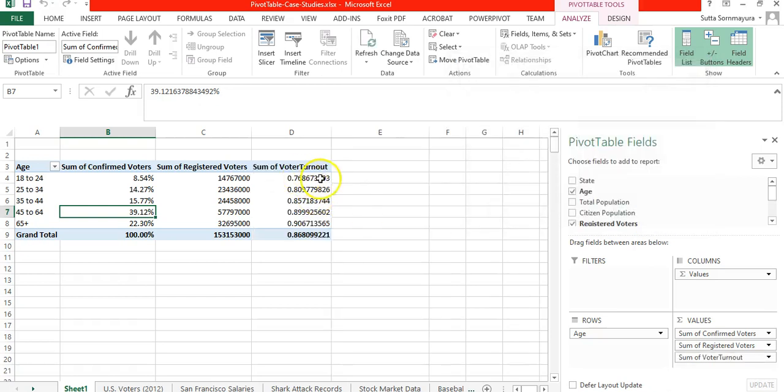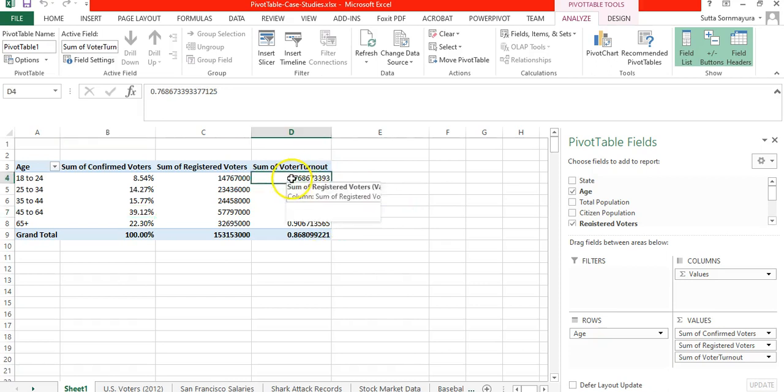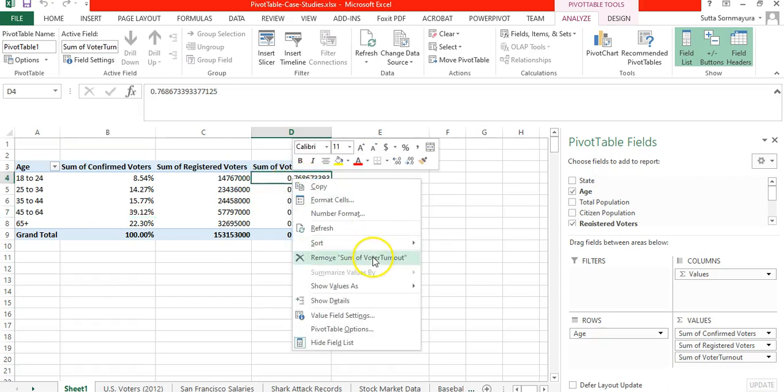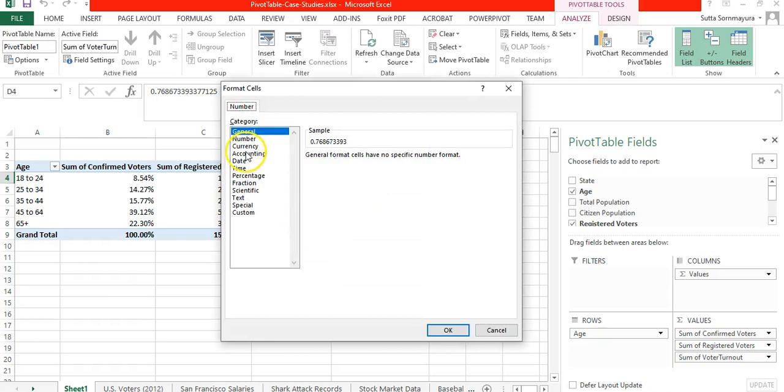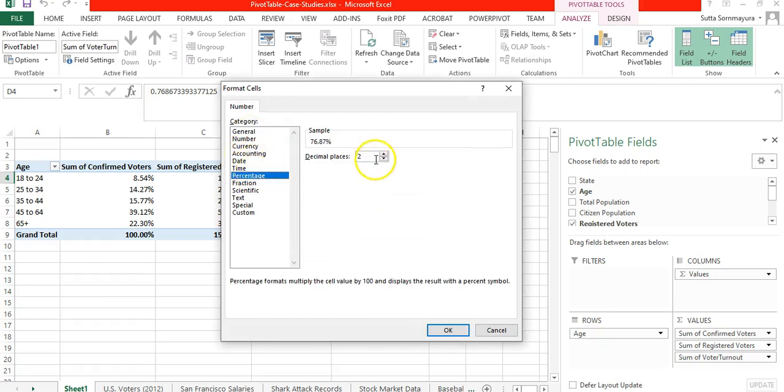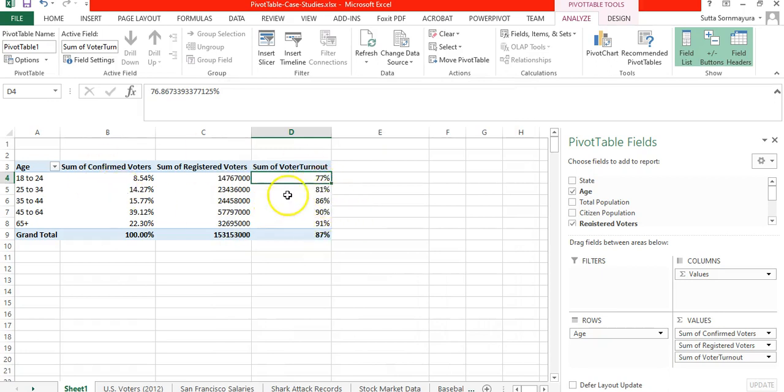Okay, and then you click OK. So you have the new field, and then you can change this to number format and make it a percentage, like 0 decimal.